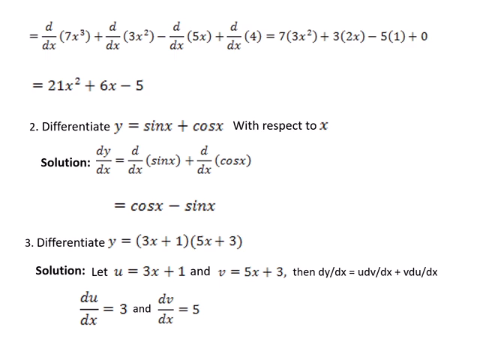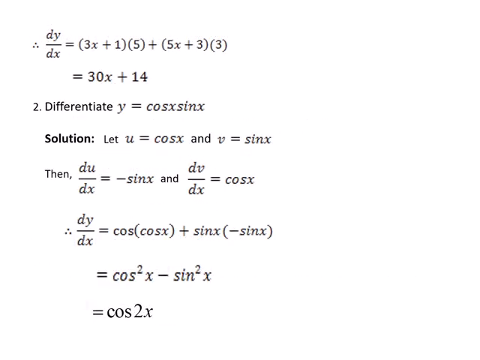So dv/dx is equal to 5. You know that 3 is a constant, it becomes 0, and the 1 in 3x plus 1 is also a constant. So we only differentiate 3x and 5x. The answer for du/dx is 3, and the answer for dv/dx is 5.